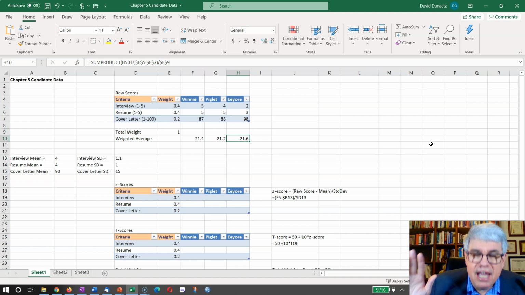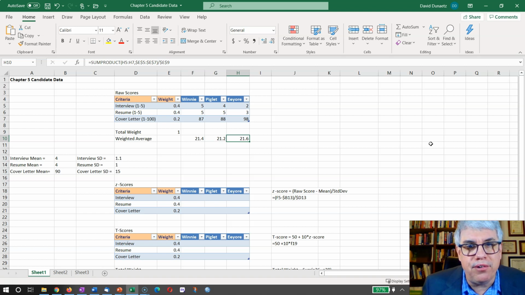What happened? He completely failed 2 of the 3 tests, but because of the cover letter, he got the highest score, and the cover letter was only supposed to be 20% of the ranking. The other 2 were supposed to be far more important. The reason this happened is because there's a lot more variance, the standard deviation is much higher in the cover letter scores.